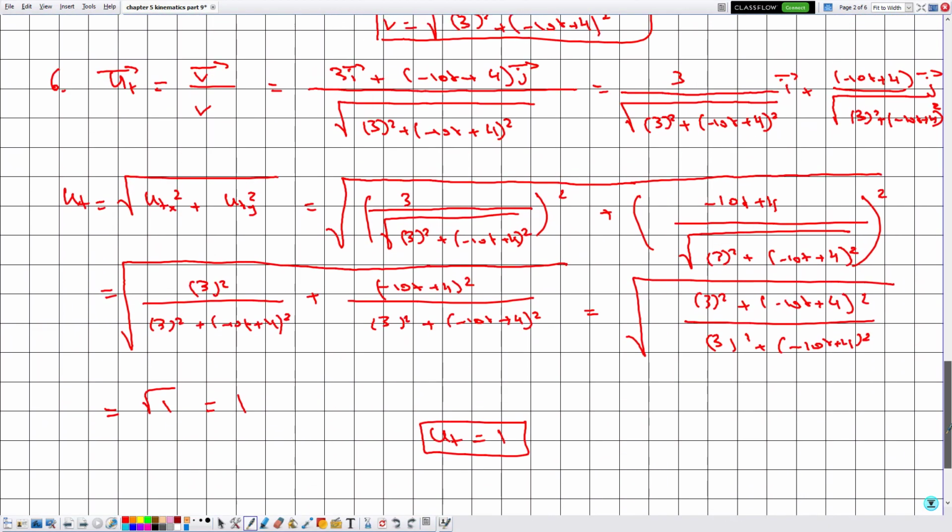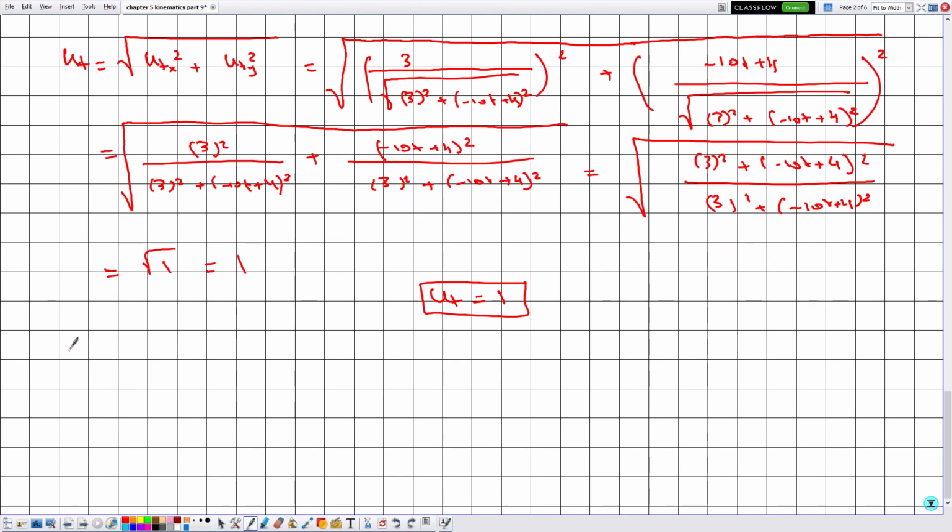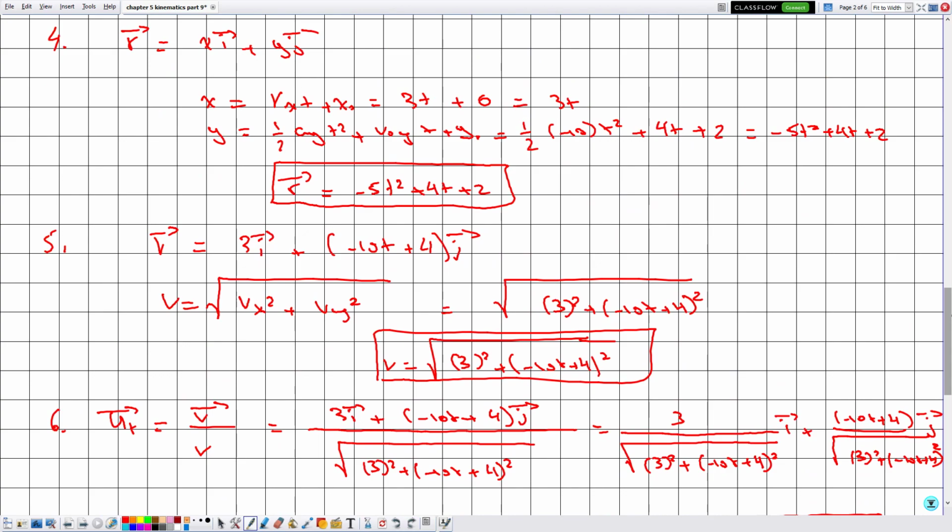So let me say, since it reaches the ground, then in this case y is equal to 0. But what's the expression of y as a function of time? So what is this? This is wrong here.